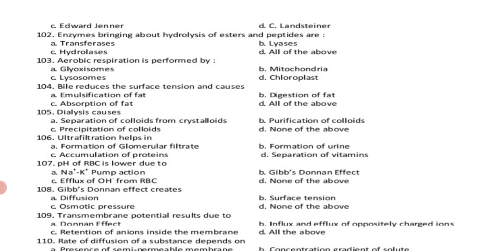Then moving to the next question, question number 107, pH of RBC is lower due to. The pH of RBC is lower due to the Gibbs-Donan effect. The Gibbs-Donan effect, or Donnan's effect, Donnan's law or Donnan's equilibrium, is a phenomenon describing the behavior of charged particles near a semi-permeable membrane that sometimes fail to distribute ions evenly across the two sides of the membrane.